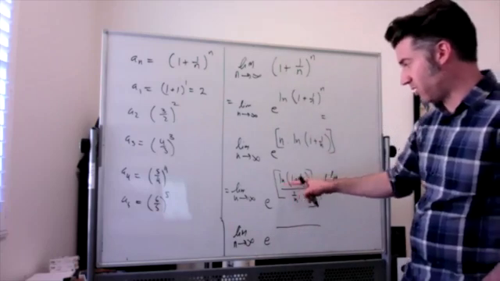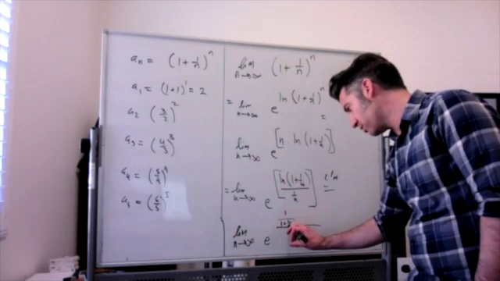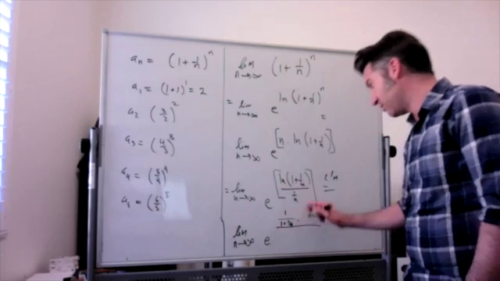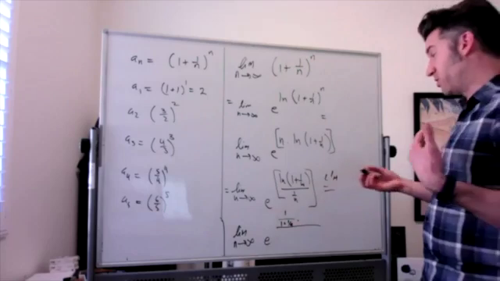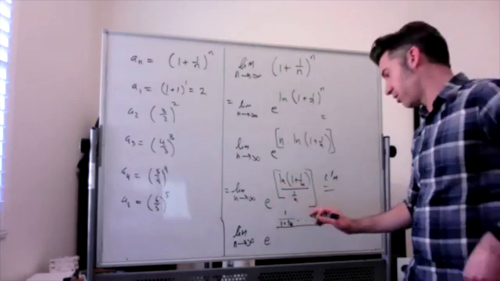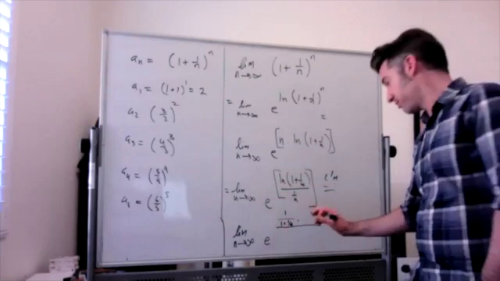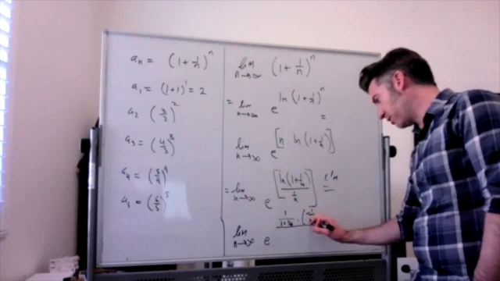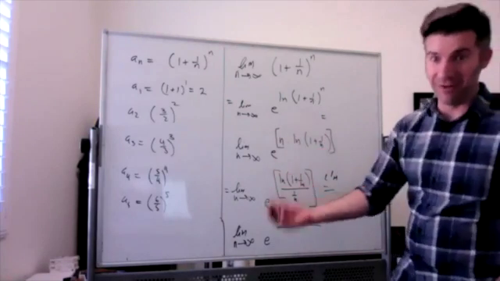The derivative of the natural log of stuff is 1 over the stuff times the derivative of the stuff. The derivative of 1 is 0, and the derivative of 1/n is negative 1 over n squared. And the derivative of the bottom, 1/n, is also negative 1 over n squared.